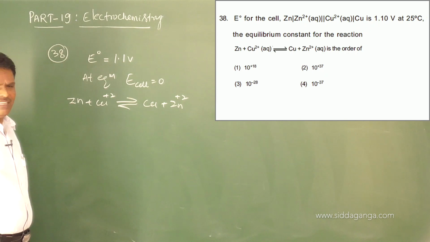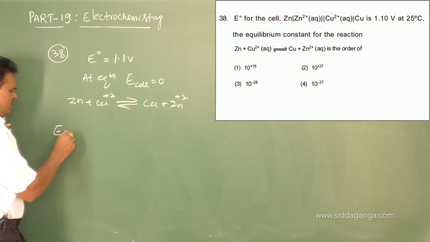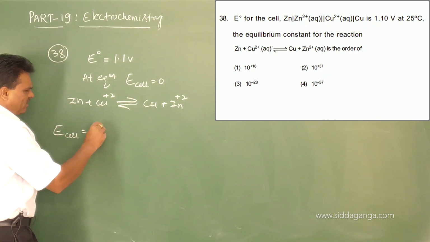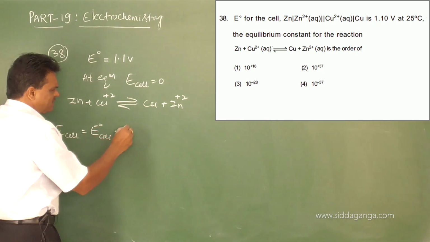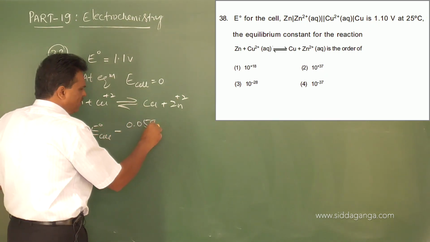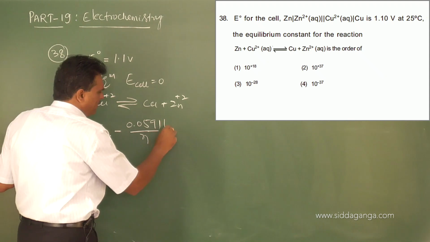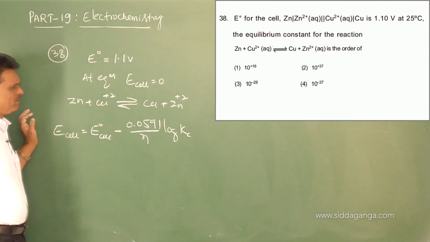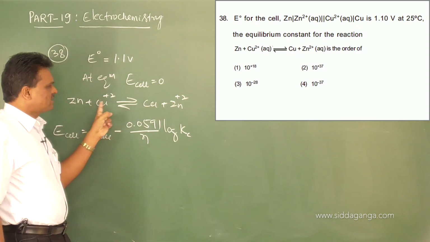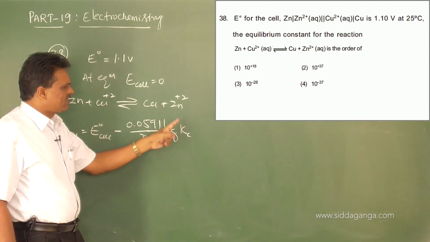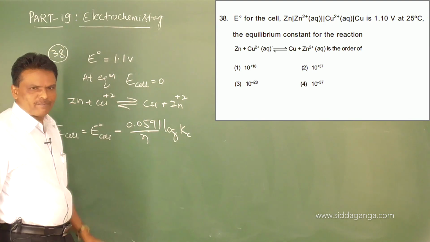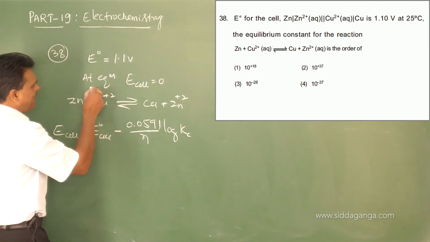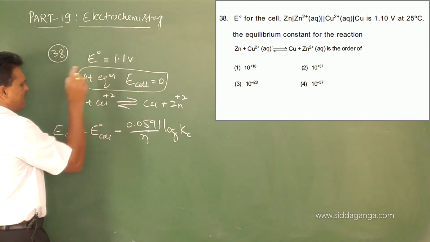For this reaction, the Nernst equation is E cell is equal to E naught cell minus 0.0591 by n into log Kc, the equilibrium constant, products by reactants, so molar concentration of zinc ion by copper ion. We know that at equilibrium the EMF of a cell is 0.